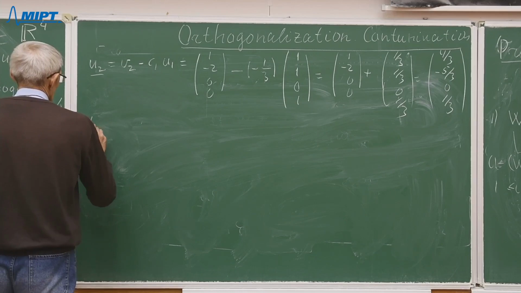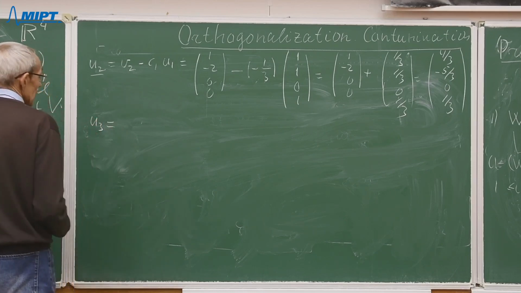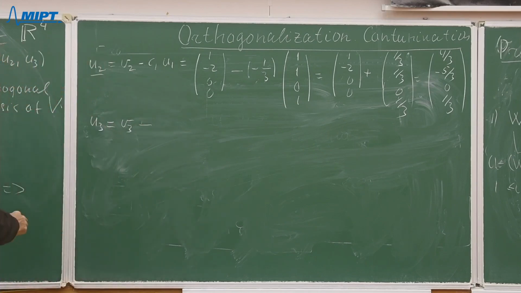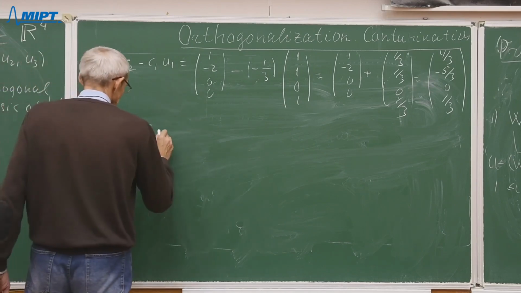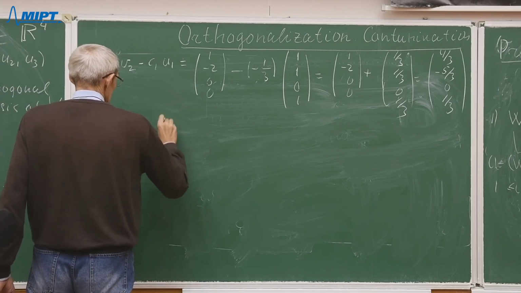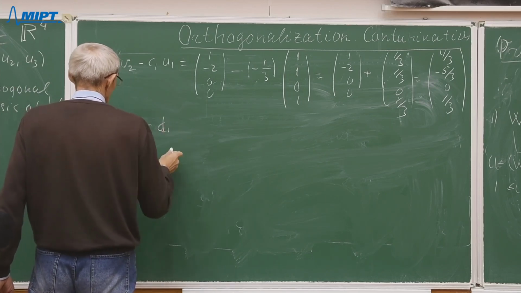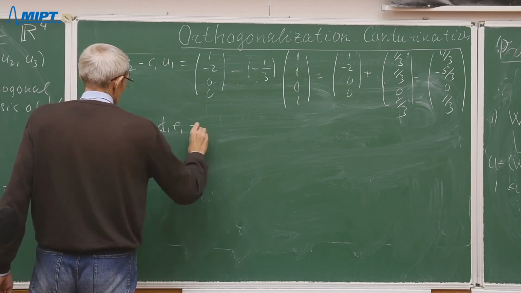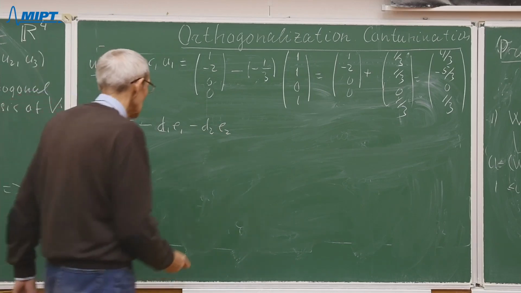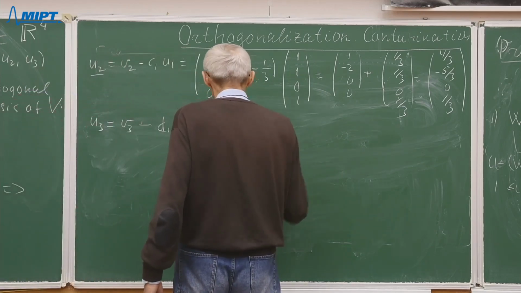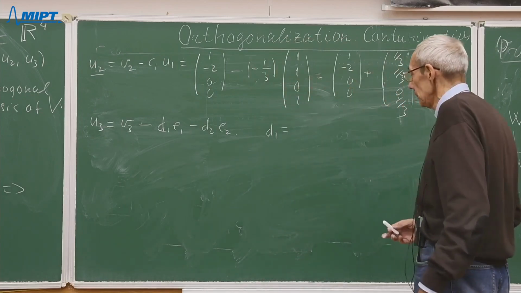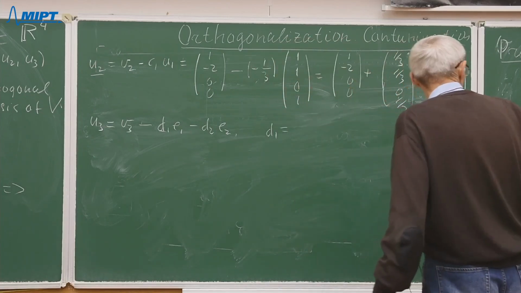And the third vector, u3, we can calculate as the difference v3 minus d1 u1 minus d2 u2, and we can use the formulas for these coefficients obtained before.